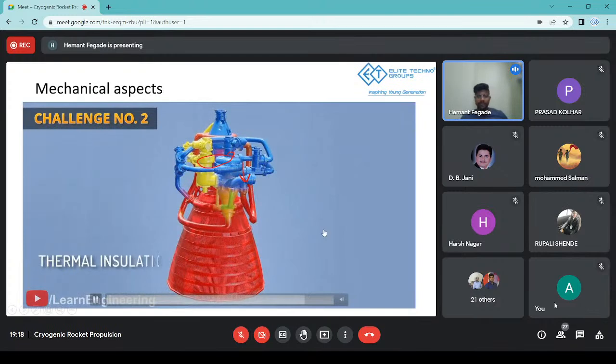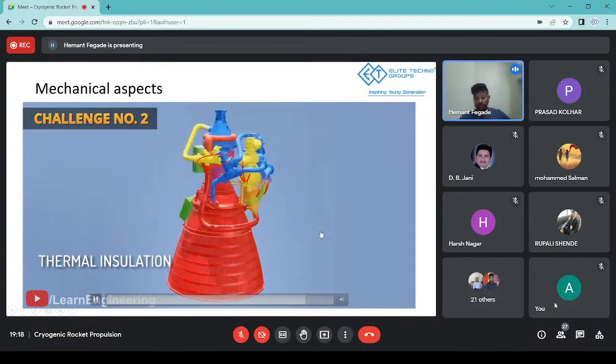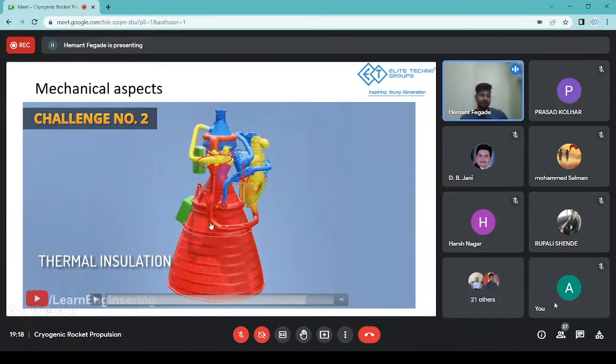But still, this is the biggest challenge in creating a cryogenic engine that people are trying to figure out, because you need some kind of system to have precise and manual control over it at all times. The second biggest challenge is thermal insulation of the whole engine. As you can see, this is thermal imaging. The red part is at higher temperature, and gradually it becomes blue.